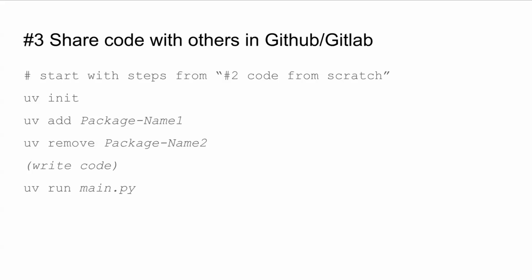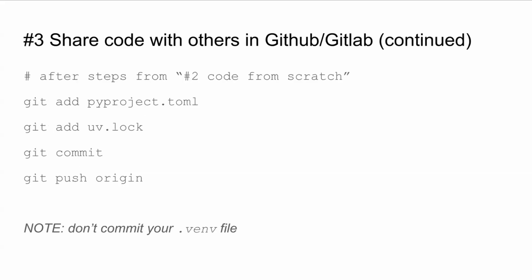Now, if you do want to share what you just created locally, you will start with what I call use case 2, which is start from scratch, which is uv init. Oh, I forgot to add the app name there. So that's a mistake on my part, then add package, remove. But then when you want to share with GitHub or GitLab, you have to add to your source control the pyproject.toml, that's very important, and the uv.lock.